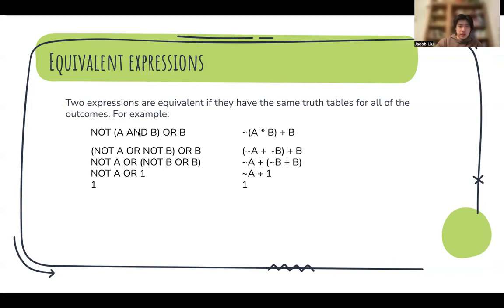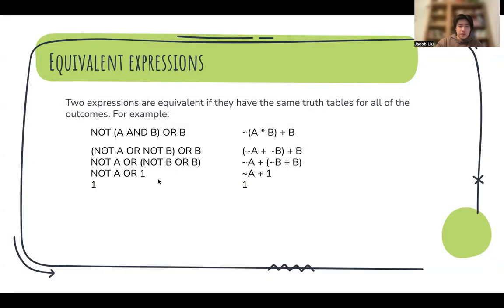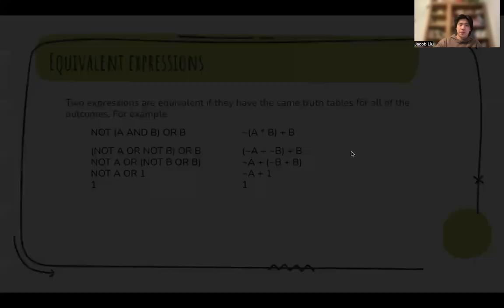For example, these two, well, this is just the same expression written as words. But anyways, if you simplify it and you get the same simplified solution, then the two expressions are equivalent.